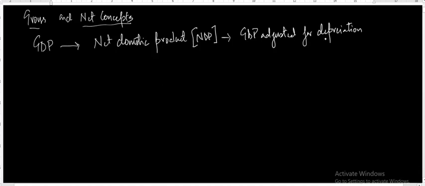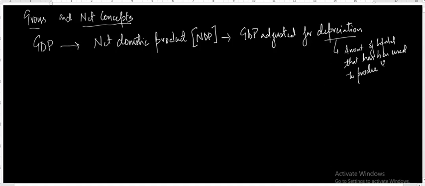Now what do we mean by depreciation? It is simply the amount of capital that has been used to produce a year's GDP. For example, we used machines and there has been wear and tear in the machines, and we have to subtract for that wear and tear.